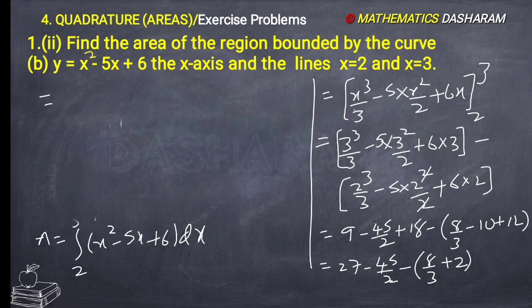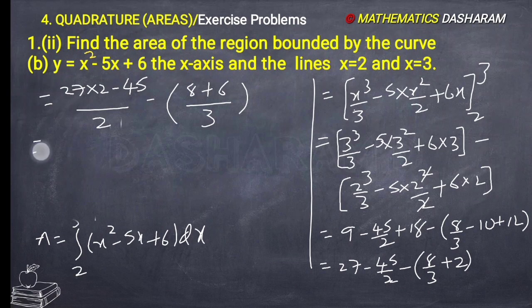So here 2 is the LCM: 27 into 2 minus 45, and here 3 is the LCM: 8 plus 3 2s are 6. 27 2s are 54 minus 45 by 2 minus 8 plus 6 is 14 by 3.